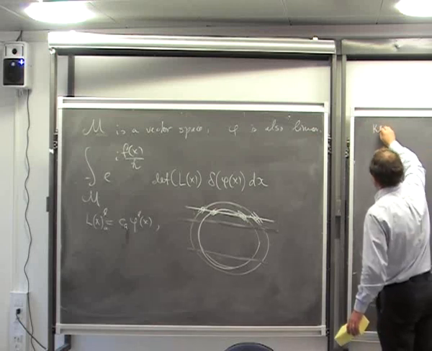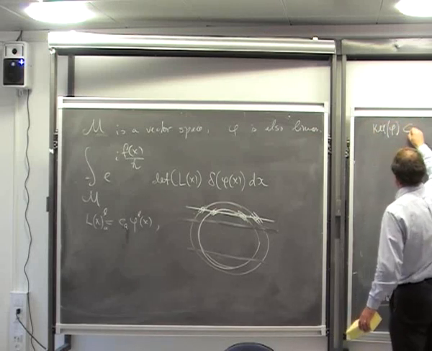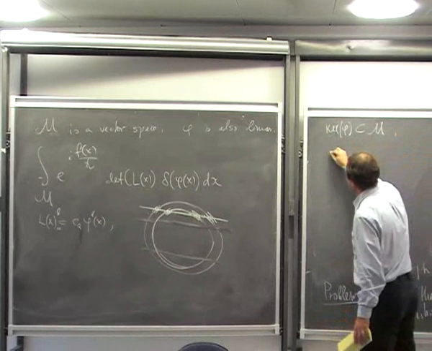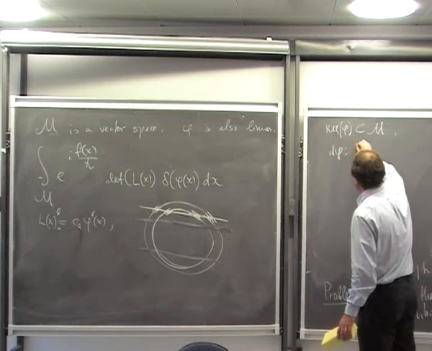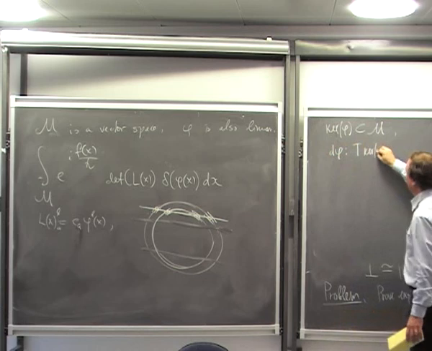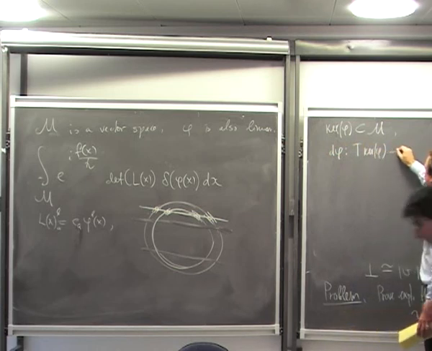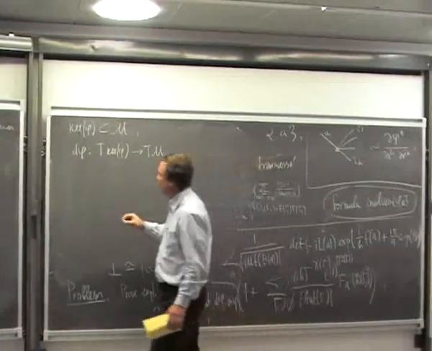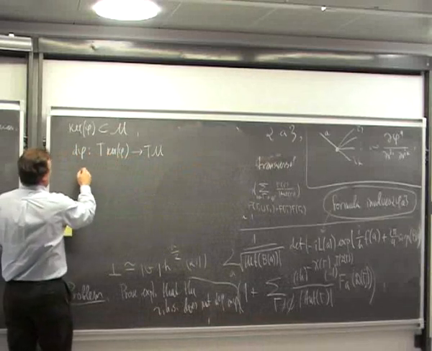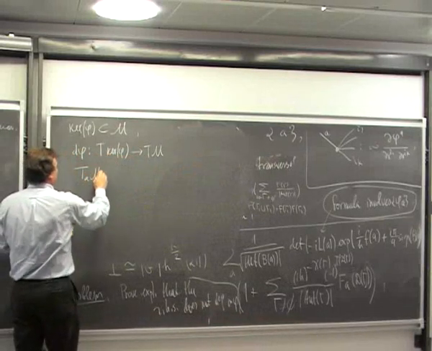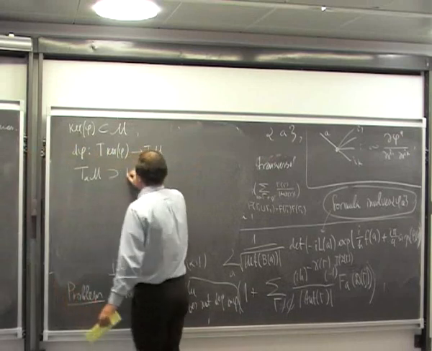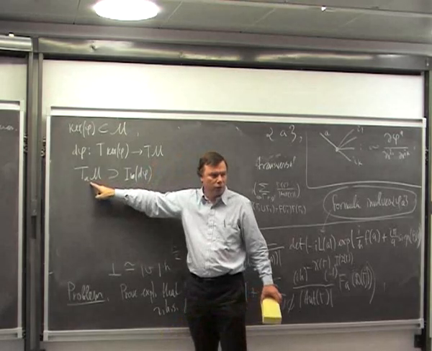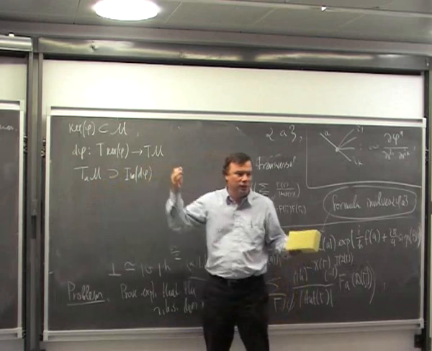So now we have the kernel of phi in M. Then that's an embedding. So we have the map of tangent spaces, and that gives the subspace, the image of the d phi in the tangent space of M. I mean, M is a vector space.